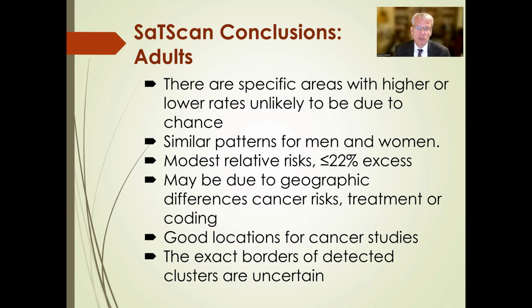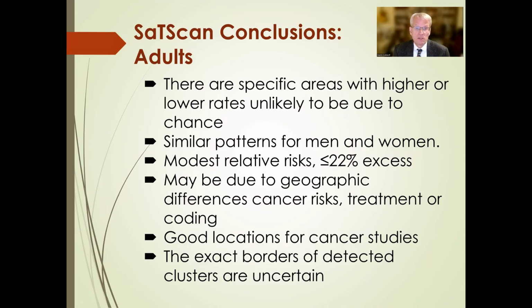And that could be due to some small geographical differences in cancer risk, but it could also be due to differences in treatment. Maybe some areas have better treatment than others, or it could also be differences in the coding of cancers, since these are so small. If the excess risk had been twofold or threefold, coding would be much less likely as an explanation for a cluster.